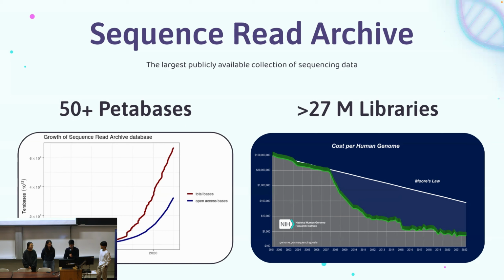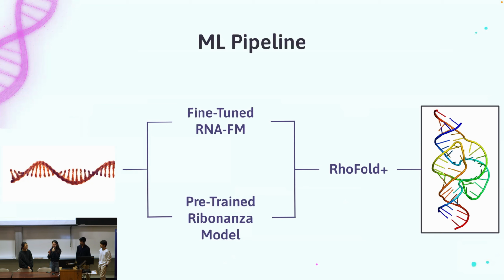Awesome. So basically our ML pipeline is tailored towards the fact that we don't have that many structured sequences, and there are a few key components for this. The end goal of our project is to predict a tertiary structure, which is like the ball, from a primary sequence, which is just a code like AGCU.